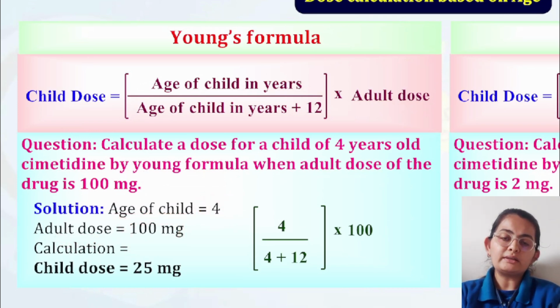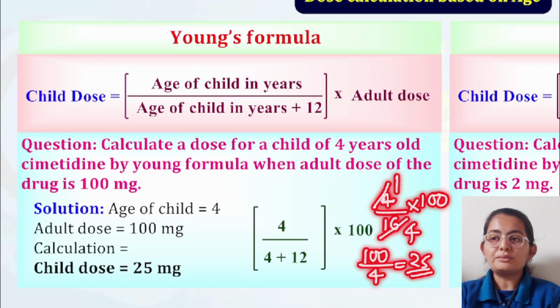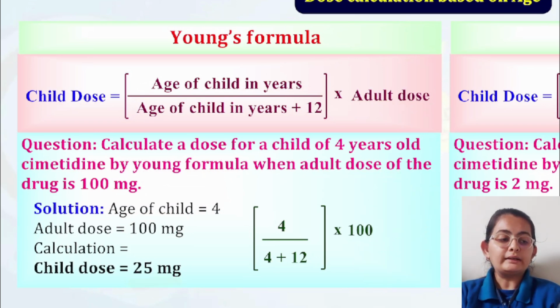The calculation part will become easy from now onwards because you just have to use this formula. So child dose CD will be equal to 4, the age of the child, divided by 12 plus 4, again into 100, the adult dose. When you calculate it, you will get 4 divided by 12 plus 4, which is 16, into 100. Then you know that 4 fours are 16, so 100 divided by 4 will be nothing but 25. So 25 will be the correct answer.